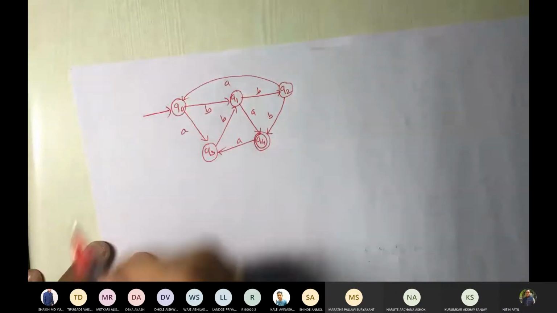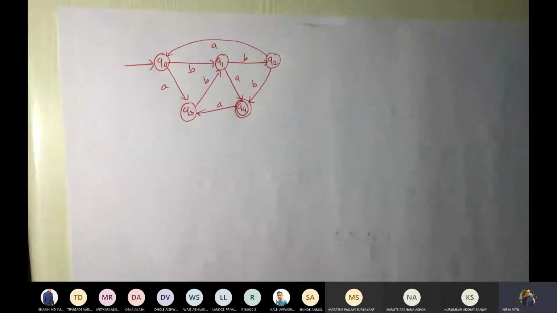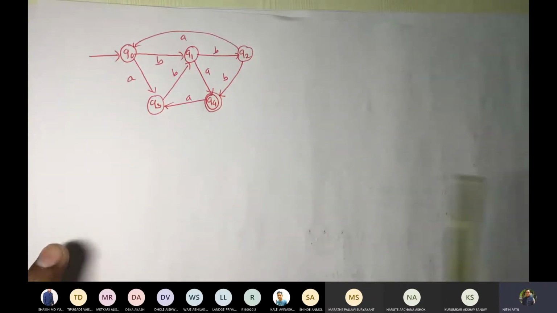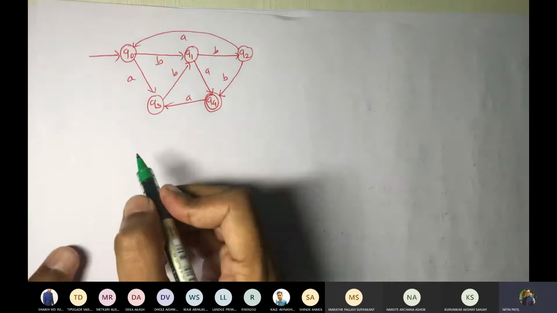So if this is the equation, this is a finite automata given to us. Now let us try to simplify this. So we have this given, correct? We have been given this finite automata. Now we have to write equations.